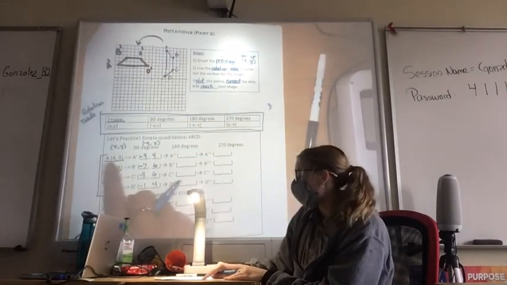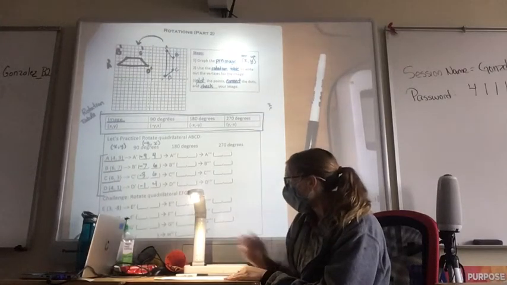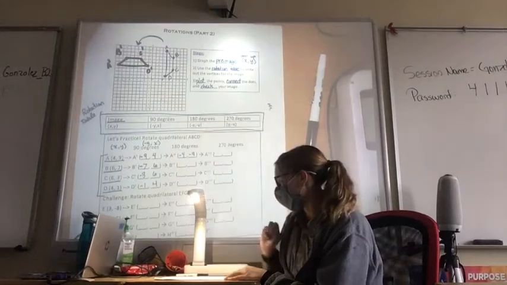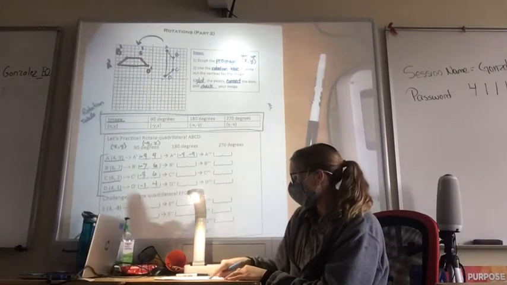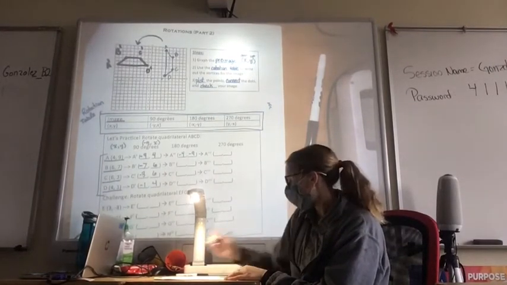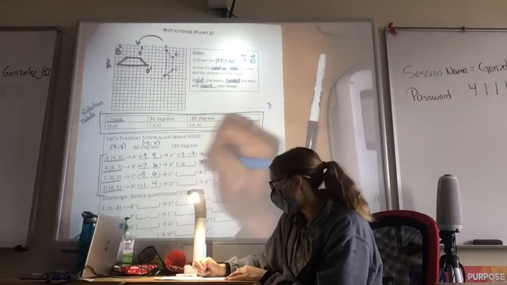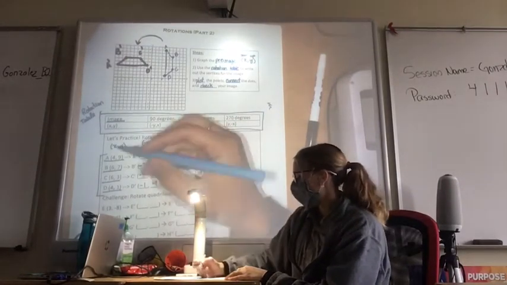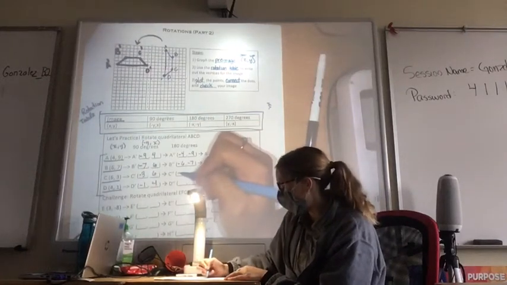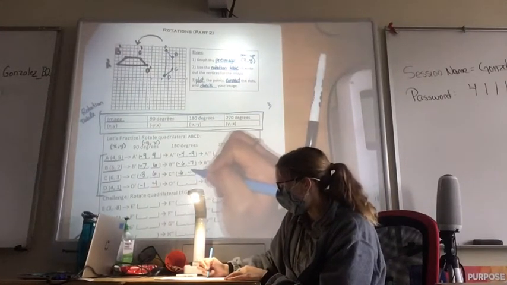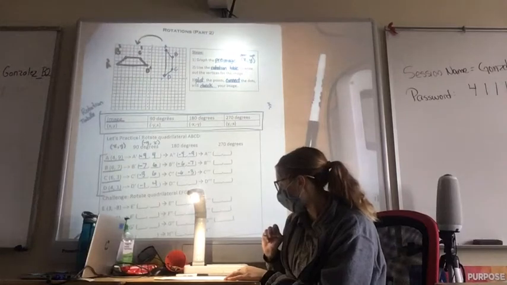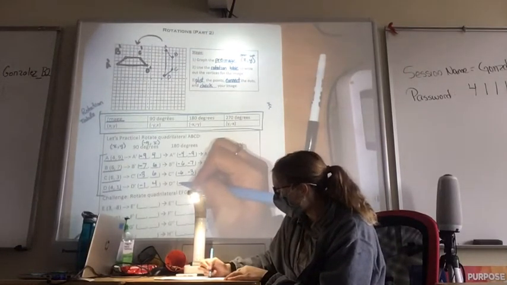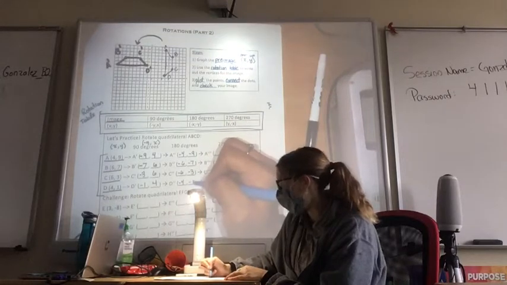So for example, 4, 9 becomes negative 4, negative 9. 6, 7 becomes negative 6, negative 7. 6, 3 becomes negative 6, negative 3. 4, 1 becomes negative 4, negative 1.